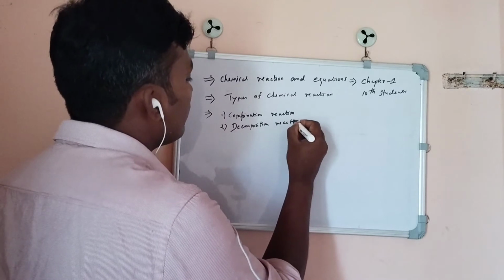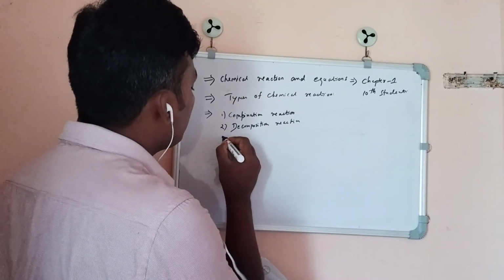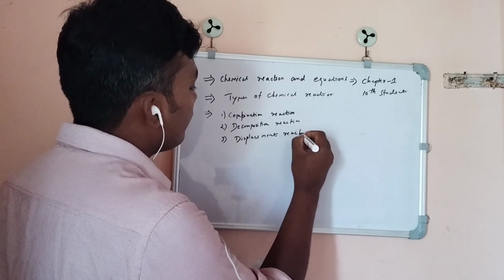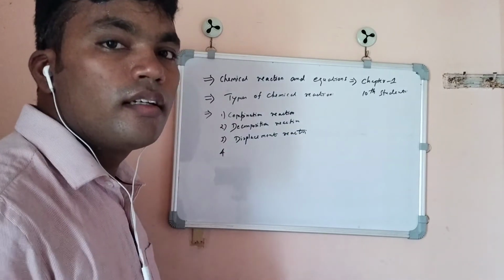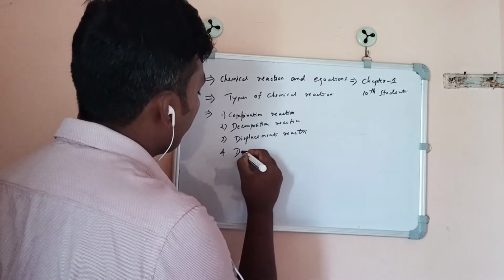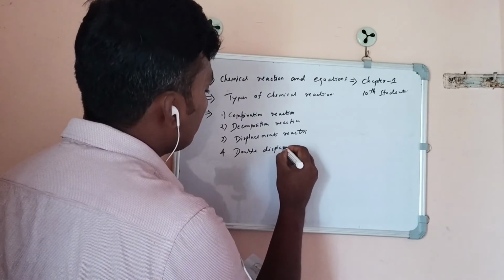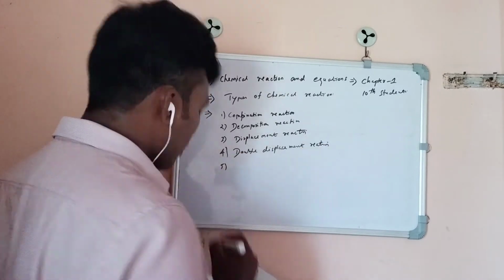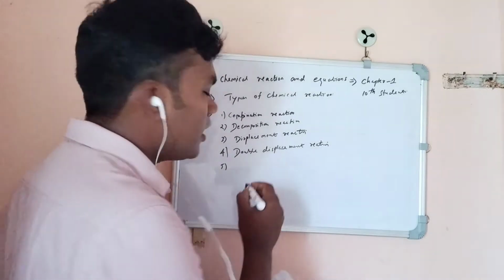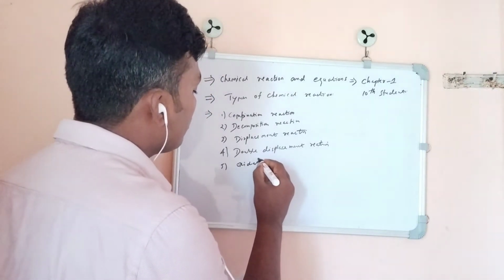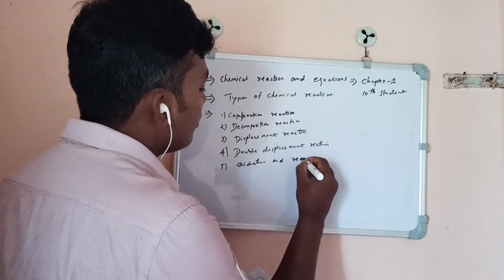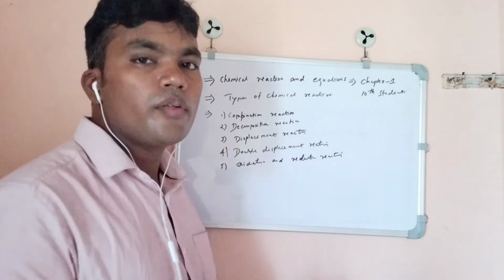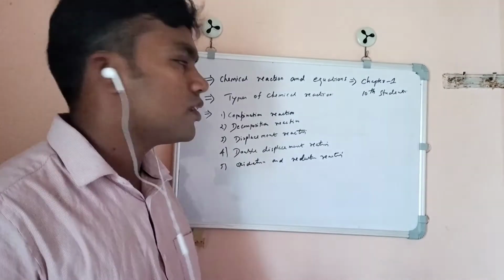Then displacement reaction. Fourth one is double displacement reaction. Fifth one is oxidation and reduction reaction. You can see these 5 types of chemical reactions in your book.